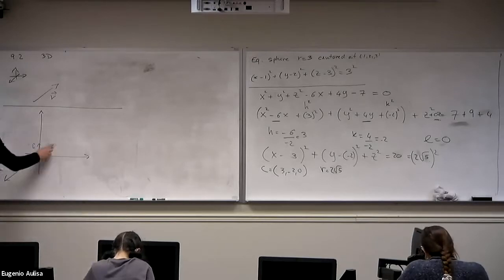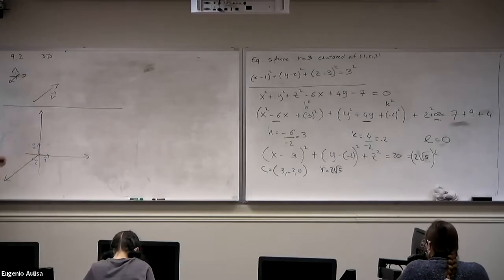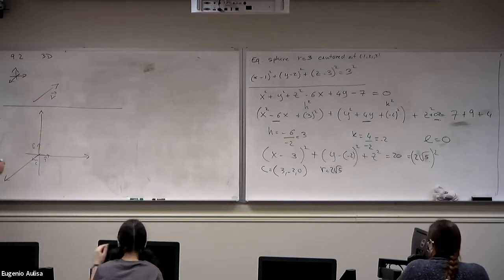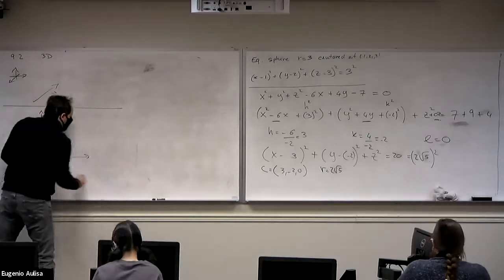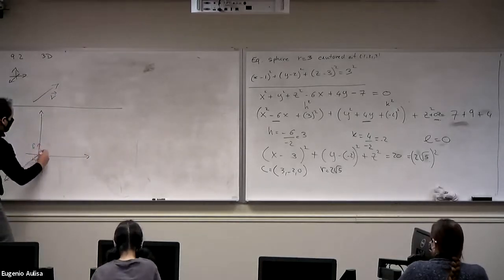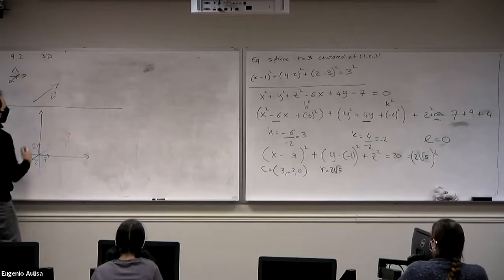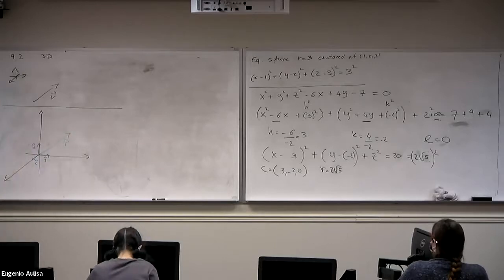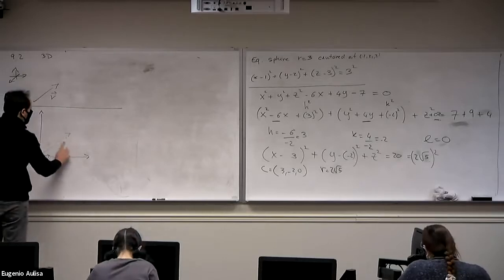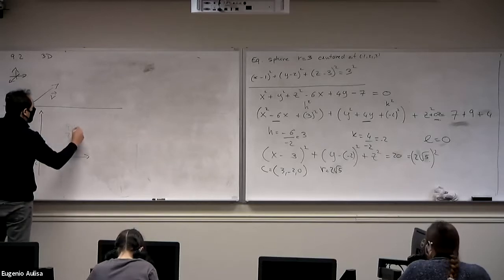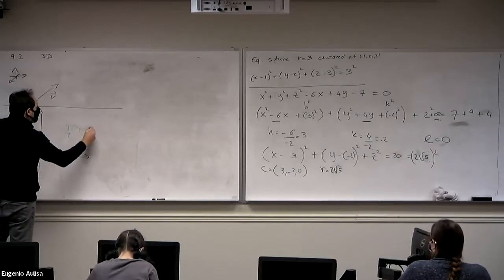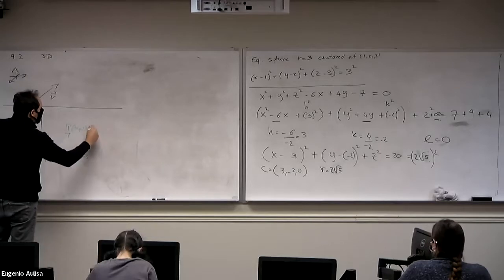Then we take this vector V and we place it so that its foot is at the origin and its head ends at P. This point P has coordinates xp, yp, zp.